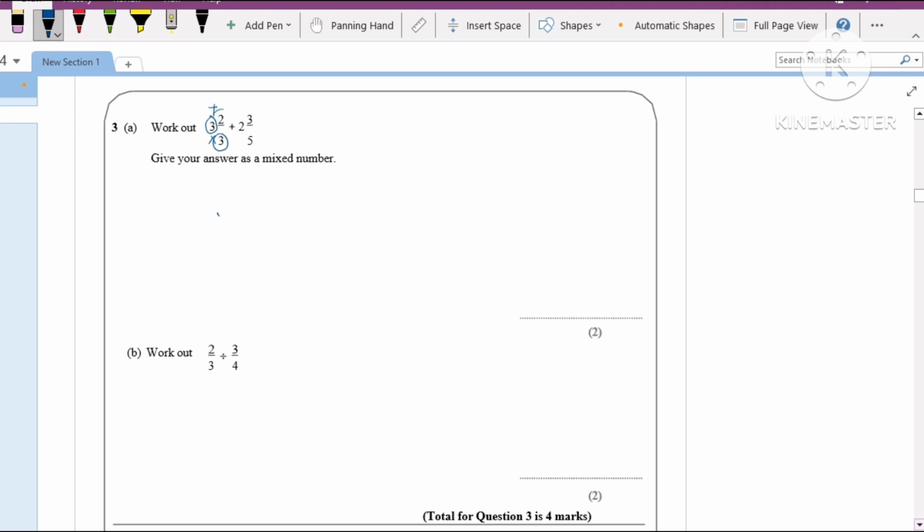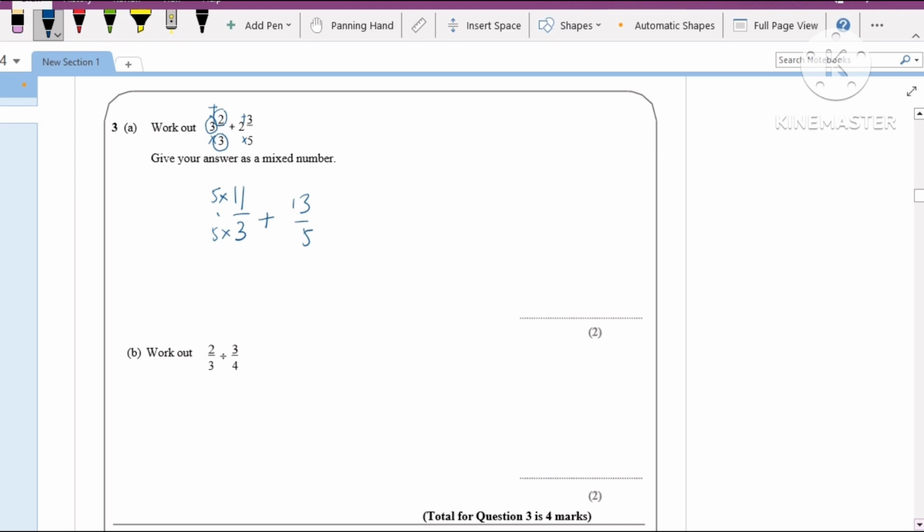So 3 times 3 is 9 plus 2, that is 11 over 3, plus you will times these two numbers, 5 times 2 is 10 plus 3, that is 13 over 5. Now because of the 3 and 5, we will find the LCM, least common multiple, or in simple words you will multiply these two numbers by 5 and these two numbers by 5.